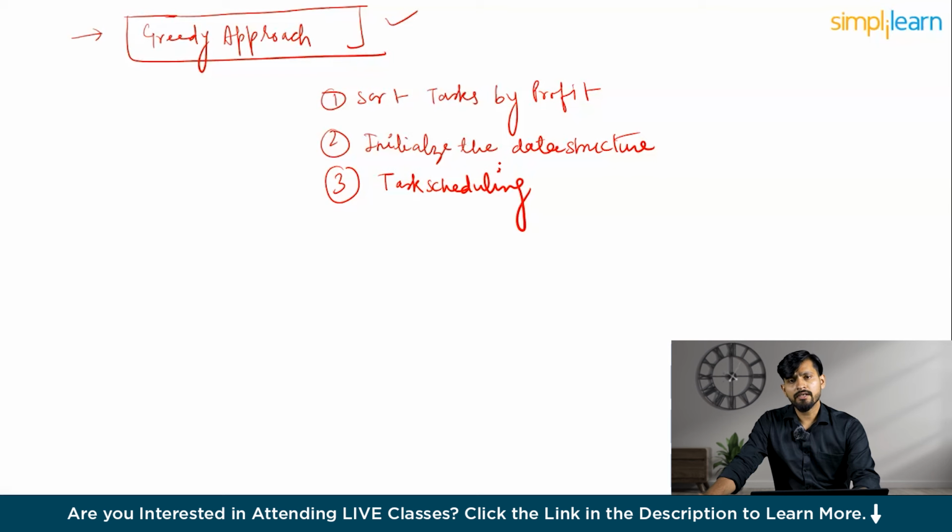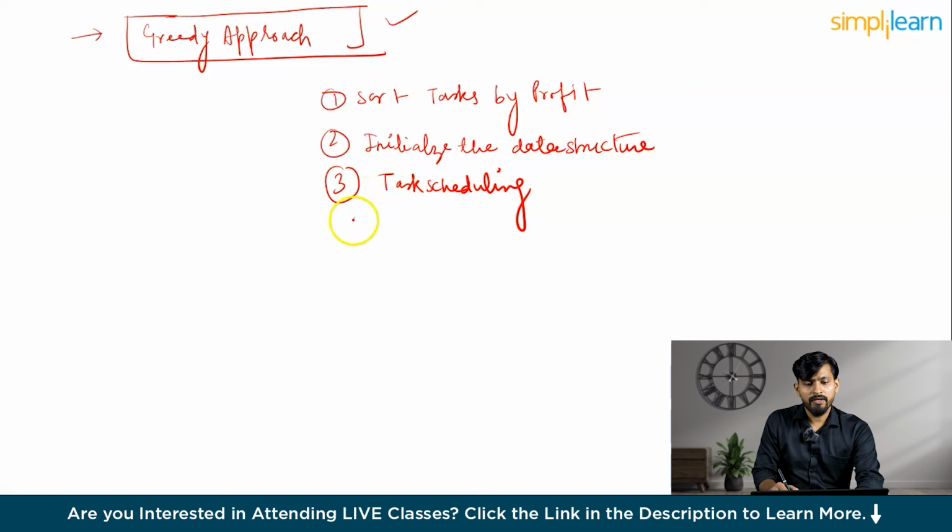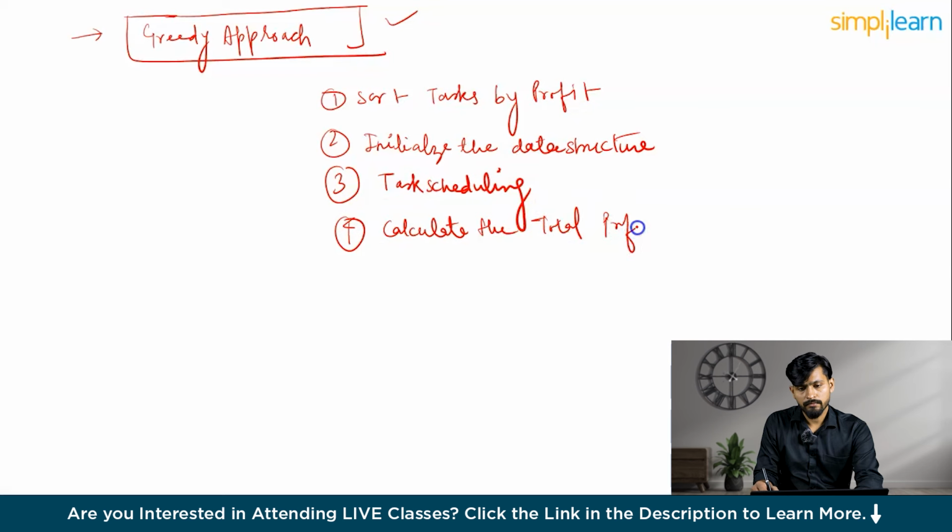If a free slot is available, then we are going to schedule the task there, and it is going to ensure that each task is scheduled in a way that leaves room for tasks with earlier deadlines. And finally, we are going to calculate the total profit. Once all the tasks are processed, we can calculate the total profit from the scheduled tasks.